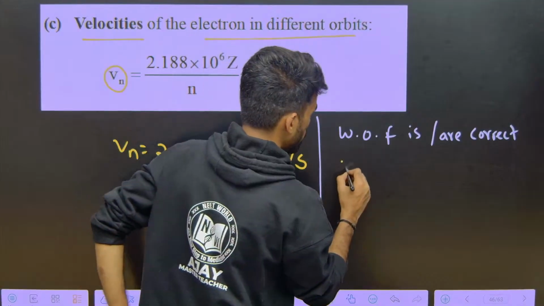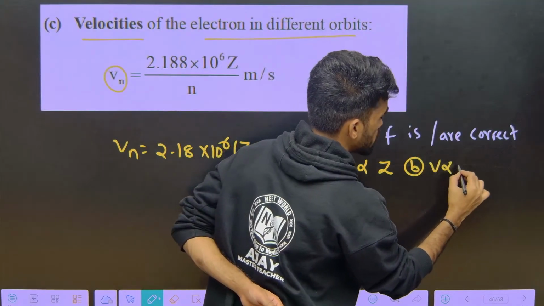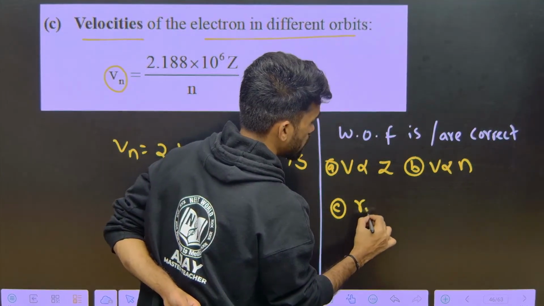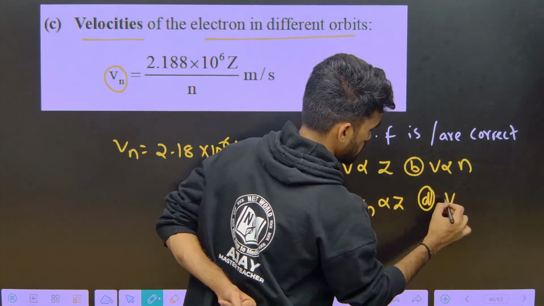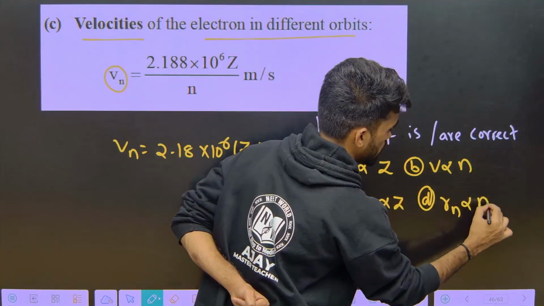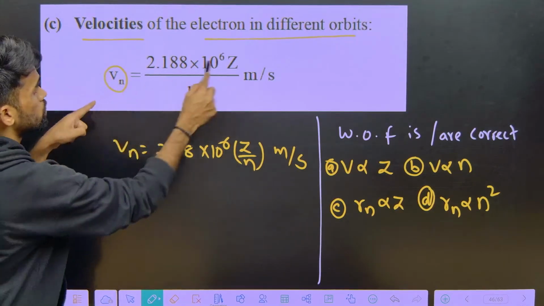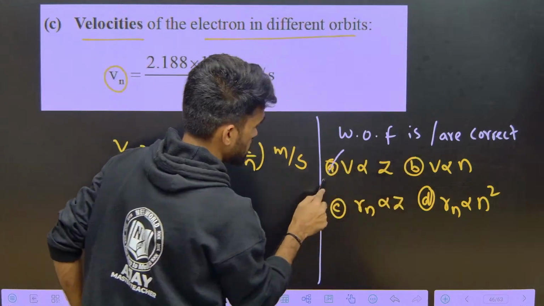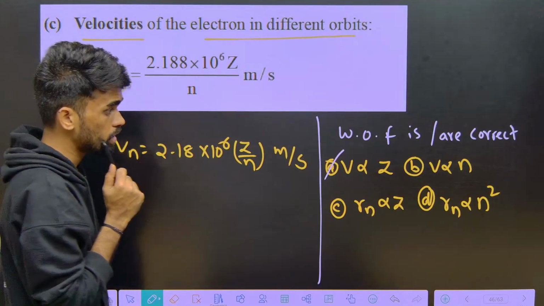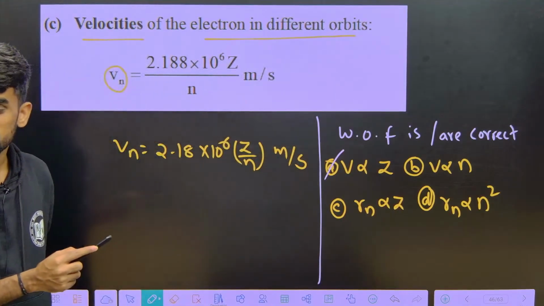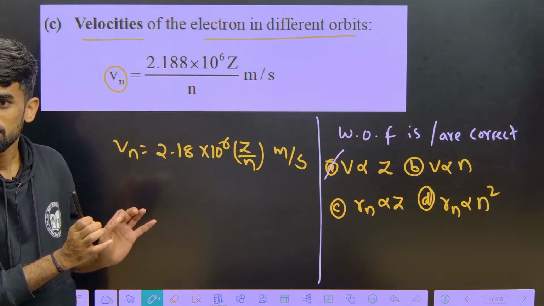So like this: option A, V is proportional to Z. Option B, V is proportional to n. Option C, r is directly proportional to Z. Option D, r is directly proportional to n square. So tell me. V is proportional to Z, directly proportional, yes. So first option, any other? Rn is proportional to, that's what. See, very simple questions, not even a minute has passed and you have got confused.